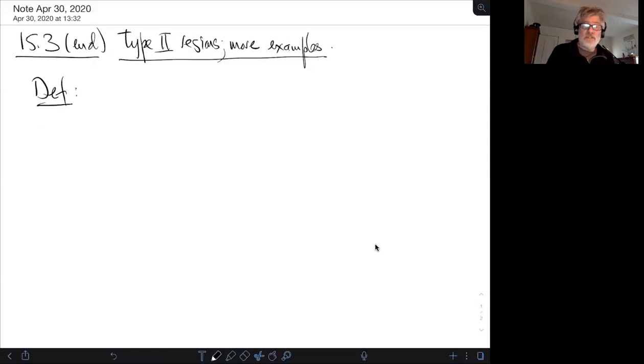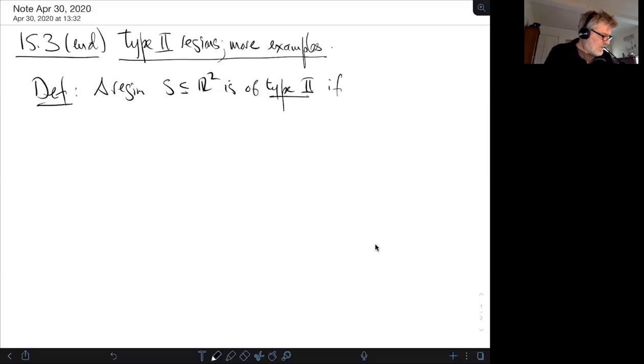Okay, so this is something you've seen in Cal 2, by the way. So a region S in the plane is of type 2 if it has the following form.